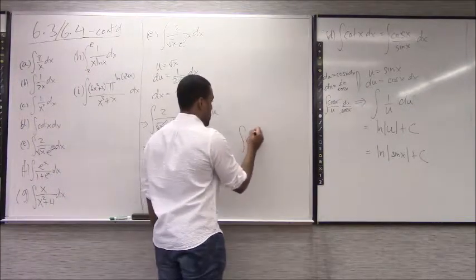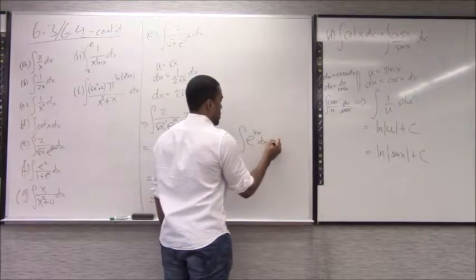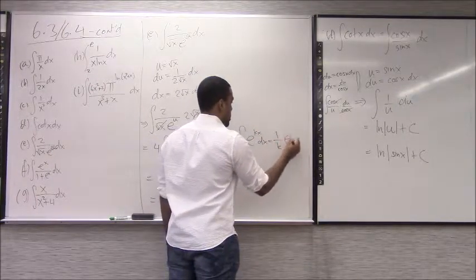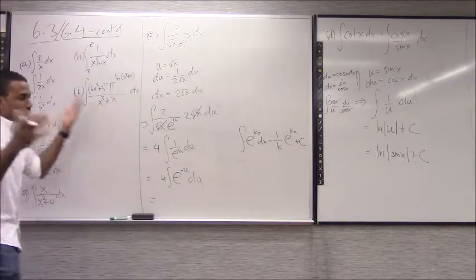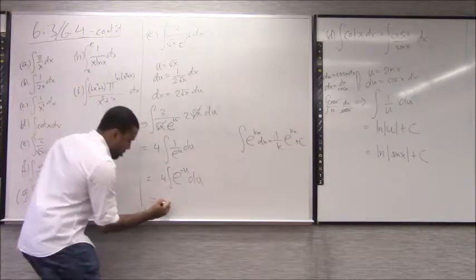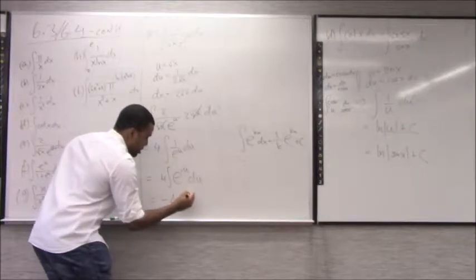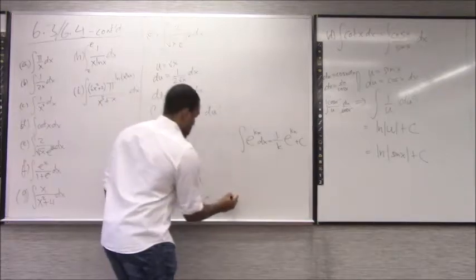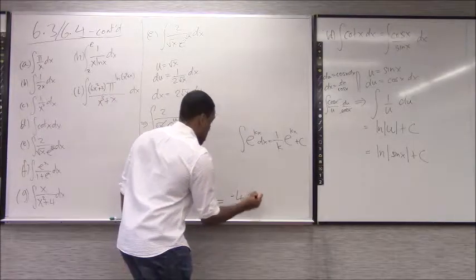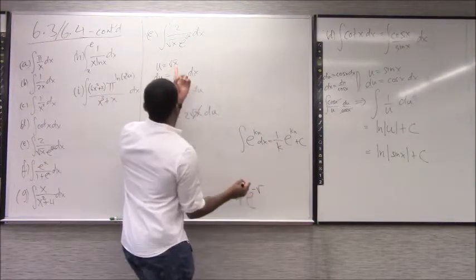Remember the rule for e to the kx dx is 1 over k e to the kx. So technically you're dividing by the negative 1, but yes, it's equivalent to multiplying by the negative 1, so this becomes negative 4 e to the minus u. That becomes negative 4 e to the minus radical x, since our u is radical x.